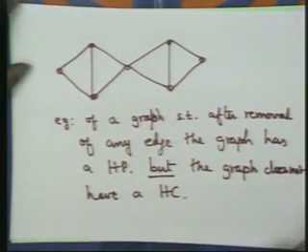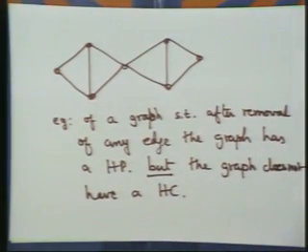So there are two things to be checked with this graph: that it does not have a Hamiltonian cycle, but if I remove any edge at all, then this graph must have a Hamiltonian path. Let's check both of them.